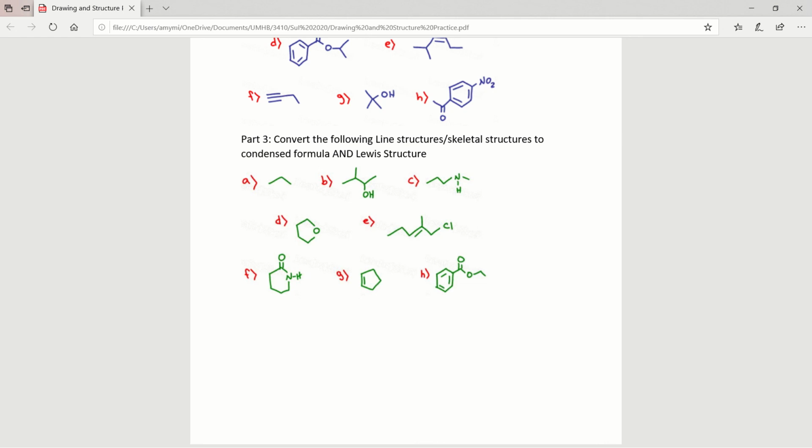So convert the line structure to one, the condensed formula where no bonds are shown, and then also to the Lewis structure where all bonds and all atoms are written out. And that should make you very, very familiar with drawing and more comfortable with this assignment.